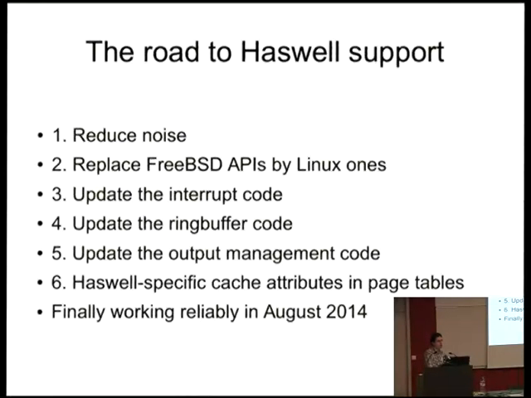For example, we don't find Haswell laptops with VGA ports anymore. But, well, we had to implement that. Some hardware people also had the bright idea of changing the specific cache attributes in the GPU page tables for Haswell.